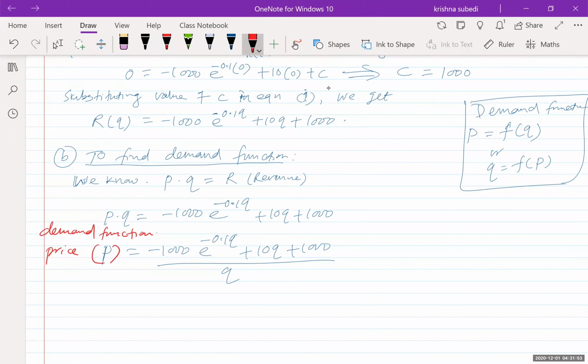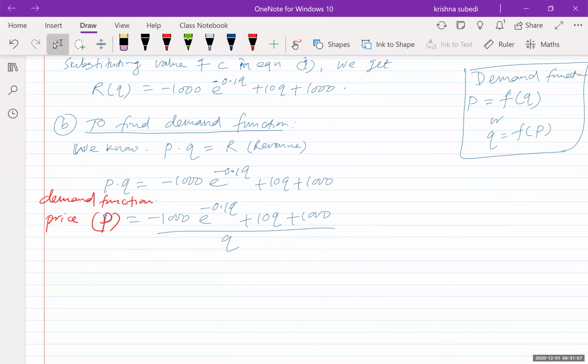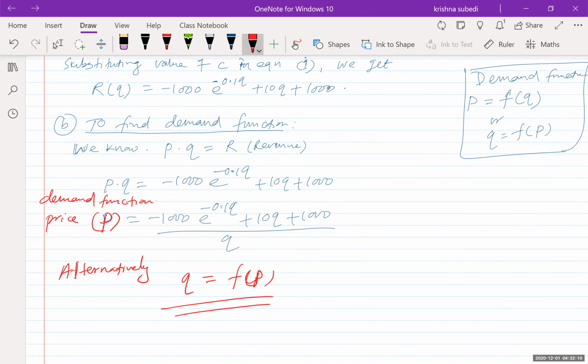Price P equals this. All right. Alternatively, you can also write Q equals a function of P, as I mentioned earlier. You can write it this way too, but this one makes life easy. You can just stop there. Do you have any question, guys, so far?